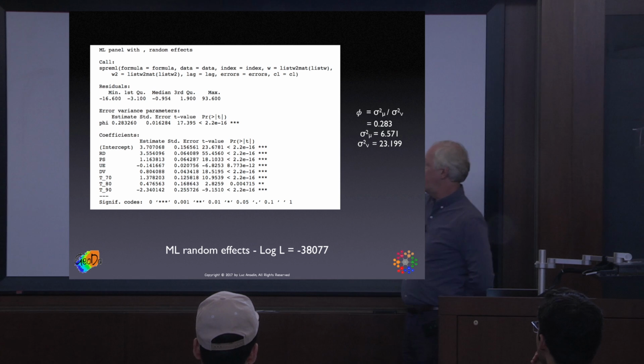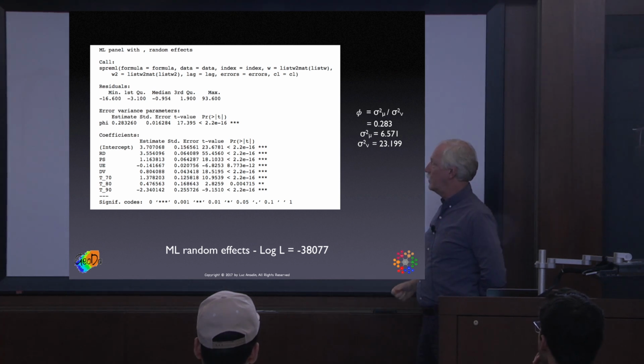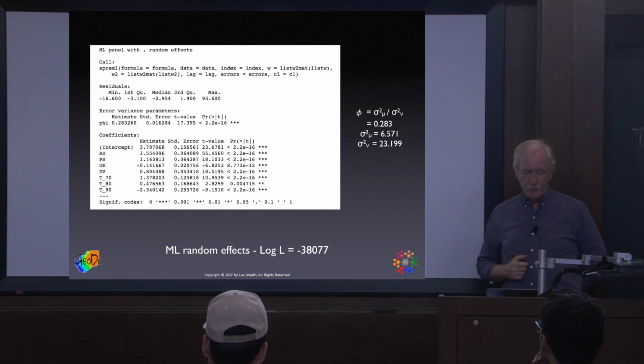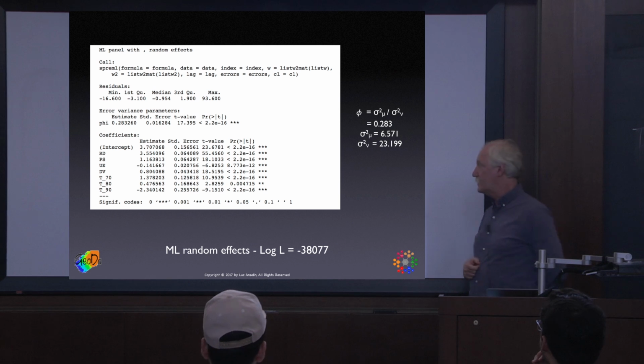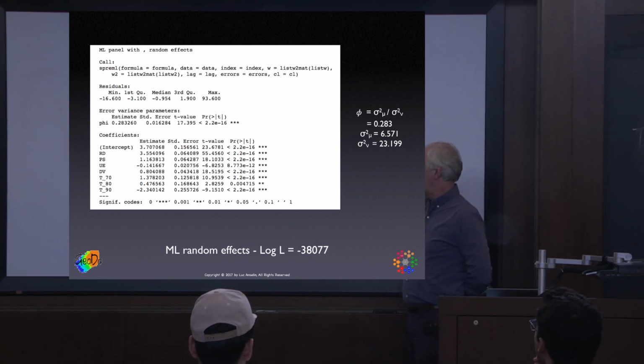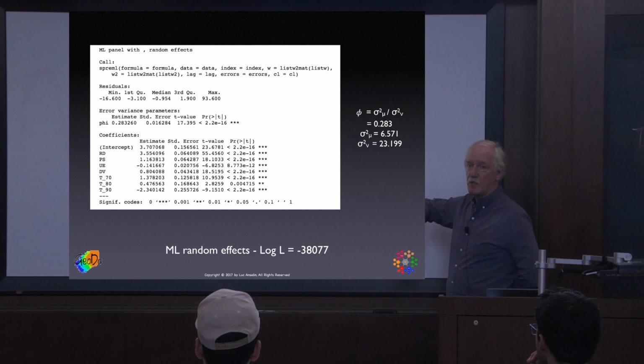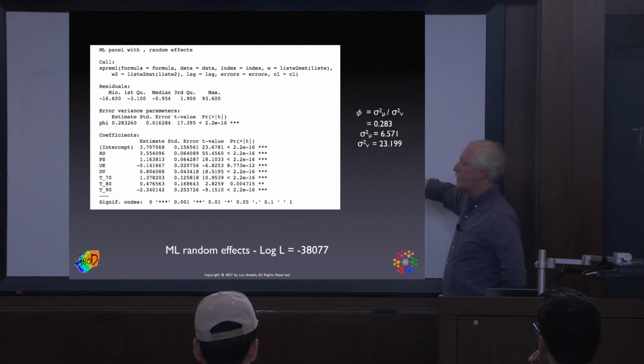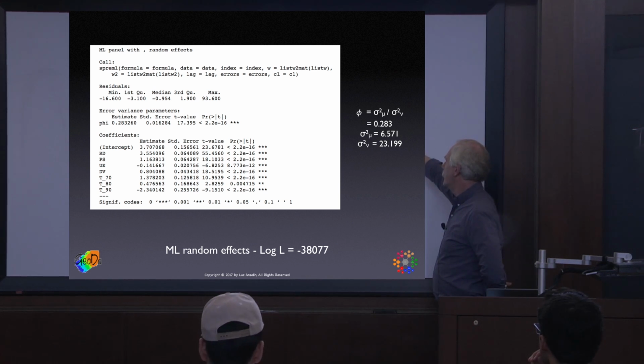This is a very simple specification that we've used before, and this is the standard maximum likelihood panel estimation with random effects. These are the coefficients. I stuck in some time dummies, which you can easily do. And then here are the results that you have to extract in R from the object.